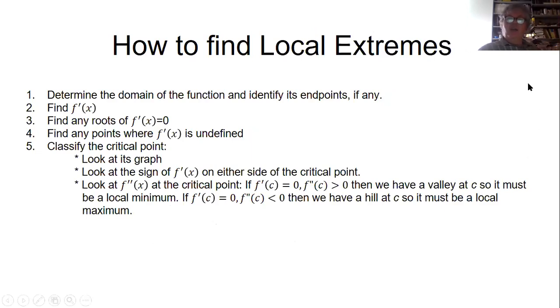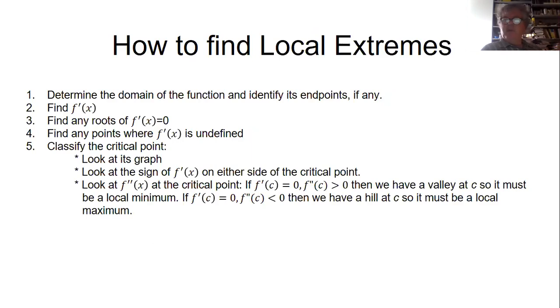So how do we find local extremes? First, you determine the domain of the function and identify its endpoints, if any. Sometimes you're given a question and it's got the endpoints given explicitly. Other times, there's an implied endpoint.